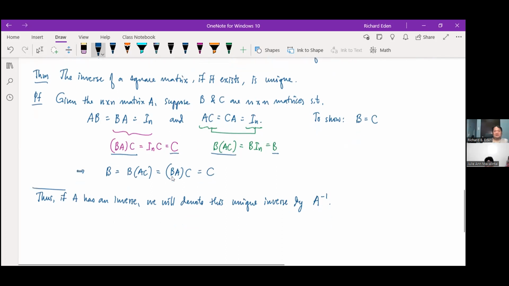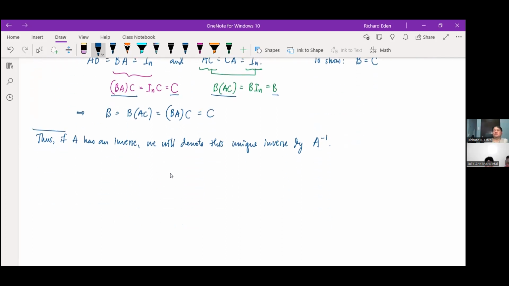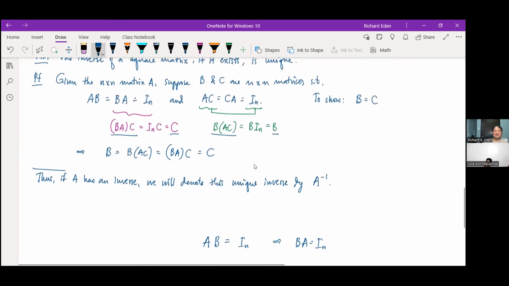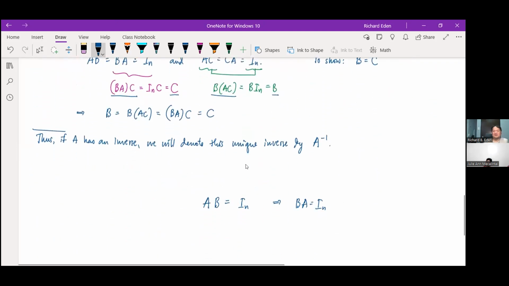In fact, there is a way to prove that if AB is equal to I sub n, it can be shown that BA is equal to I sub n. Kasi dito sa definition, inassume natin that given the matrix A, this matrix B is such that AB is equal to BA equals I sub n.